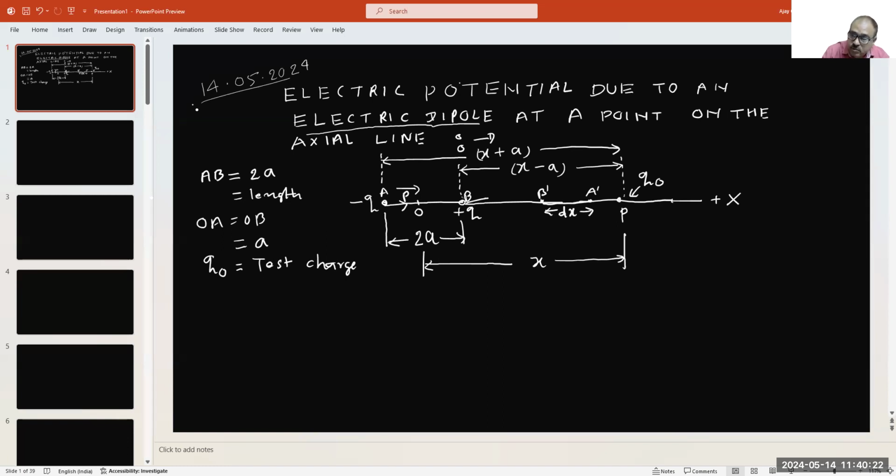So at the point P, the field E positive will act away from the dipole, and the minus field will act due to the negative charge. So two fields are acting, but our purpose is to find the potential. So try to write the formula of the potential due to any one charge.